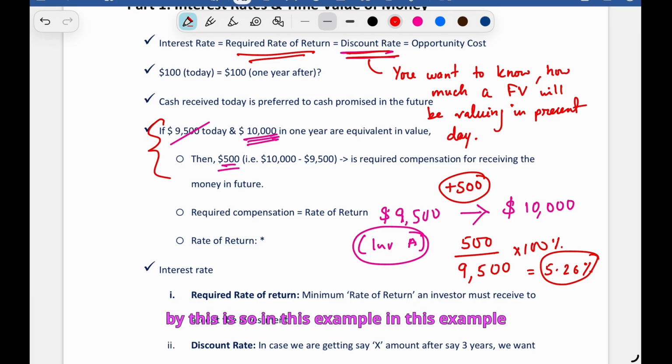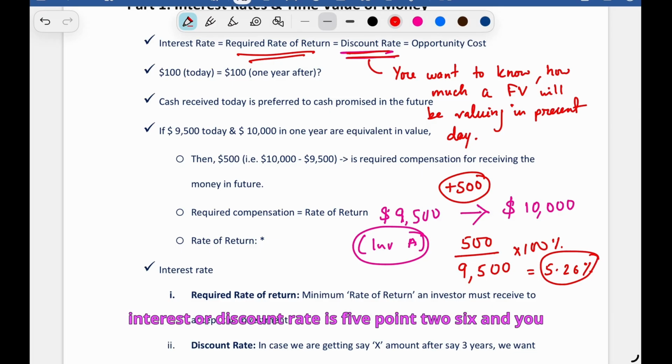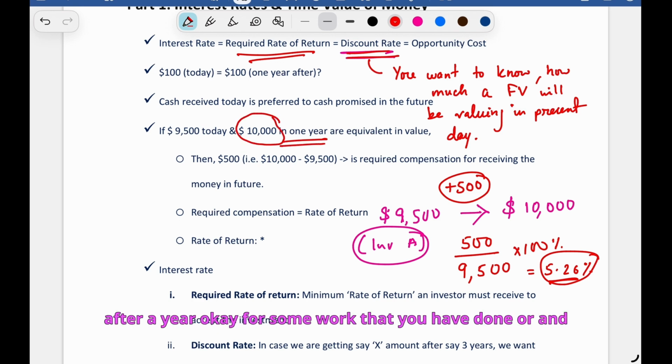So what I mean by this is, in this example, you'll be using the discount rate only when, supposing I tell you that the discount rate is 5.26 and you will be getting $10,000 after a year, for some work that you have done, or it could be anything. But the discount rate is 5.26.